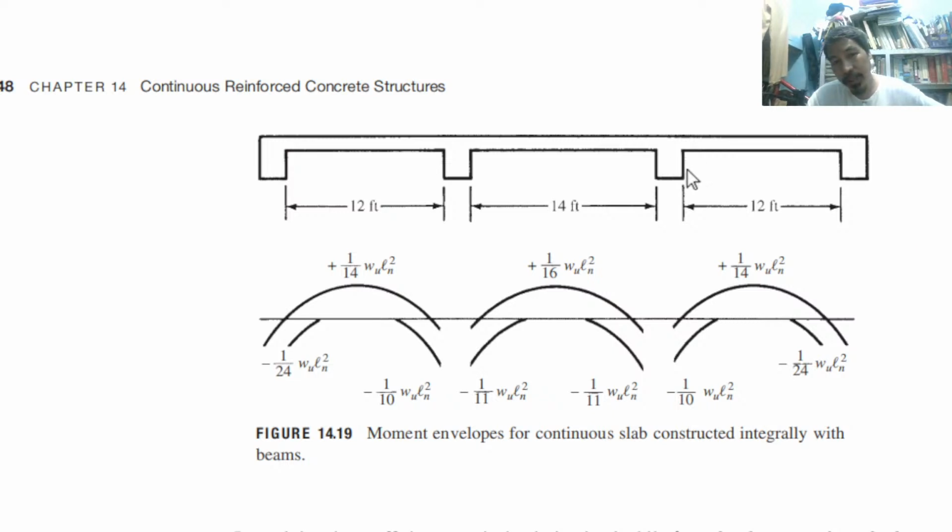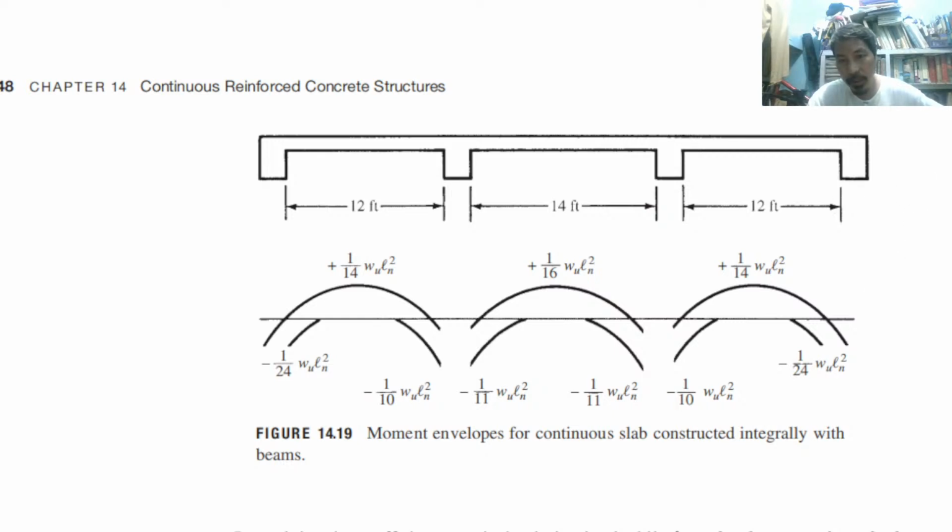Why is it exterior? It is facing outside. This is exterior face because it is facing outside of the building. This is interior face because it is facing inside. So this is the exterior face of the first interior support. This part.